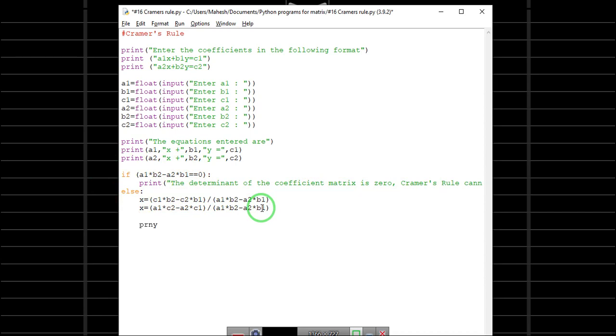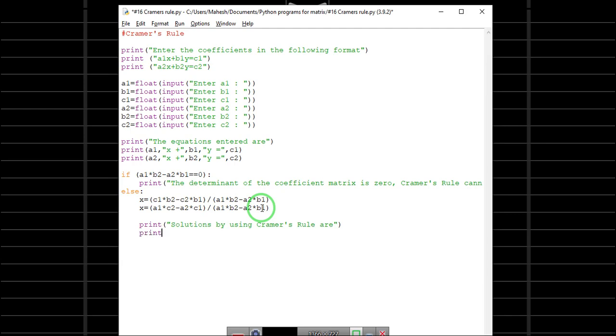So print, let us tell the user that the solutions by using Cramers rule are, and let us print the values of x and y.